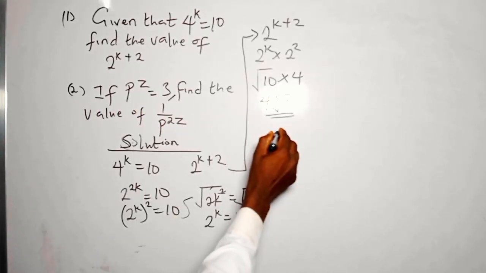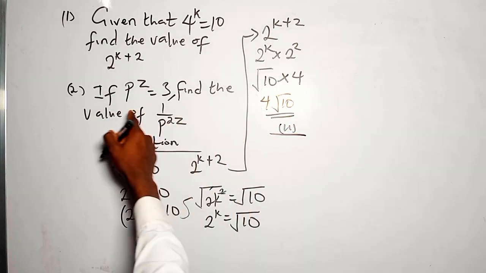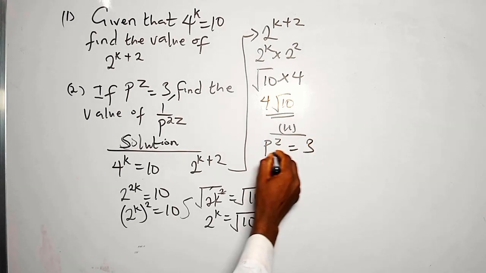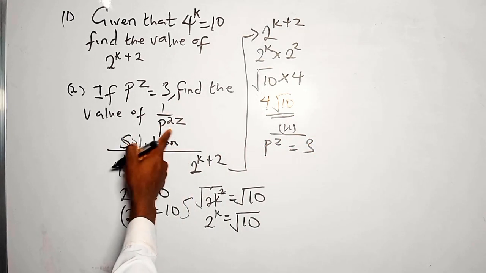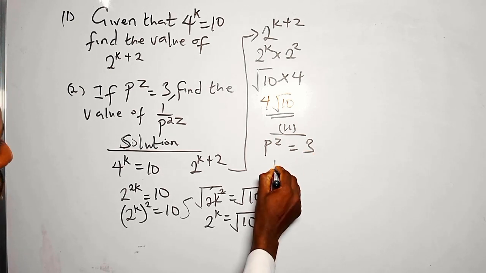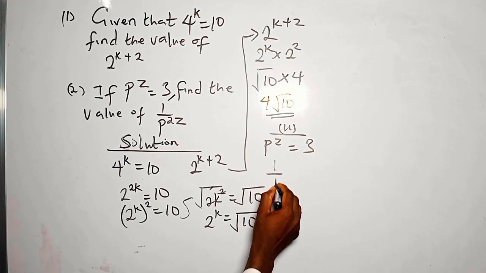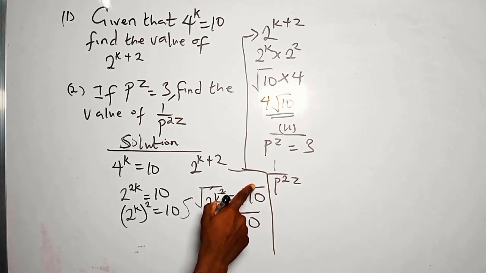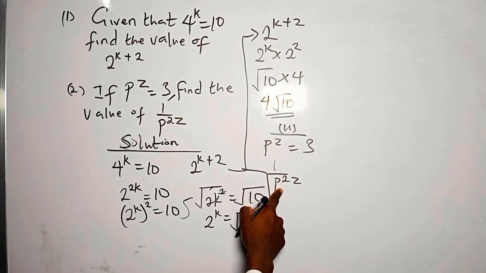For the second one, we have: if p raised to power z equals 3, we are to determine 1 divide p raised to power 2z. So how do we go about this? Let us start with this.